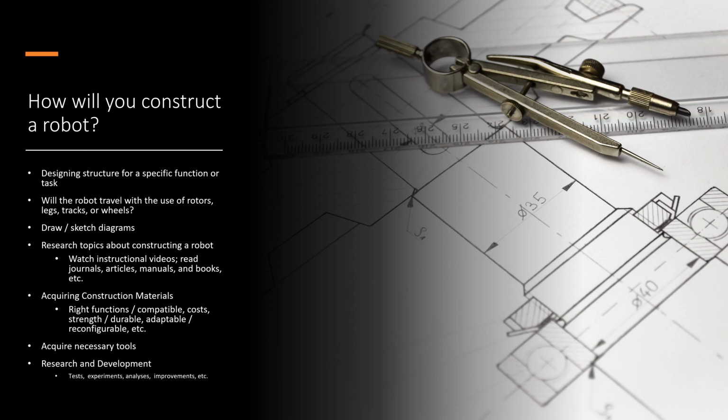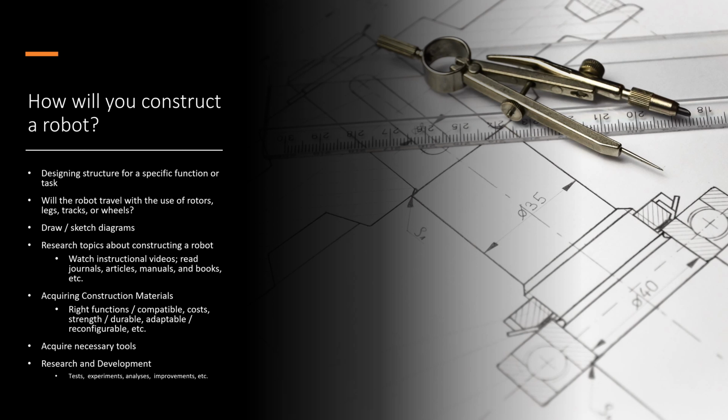You may even need a servo motor, and that's different from other motors. You have to make sure that the parts you acquire are compatible with the other parts that you need them to be connected to and work with. You have to decide whether the components and materials you acquire are strong and durable.